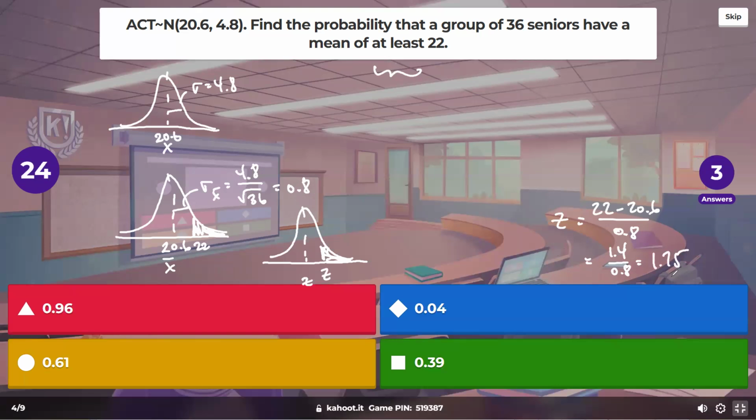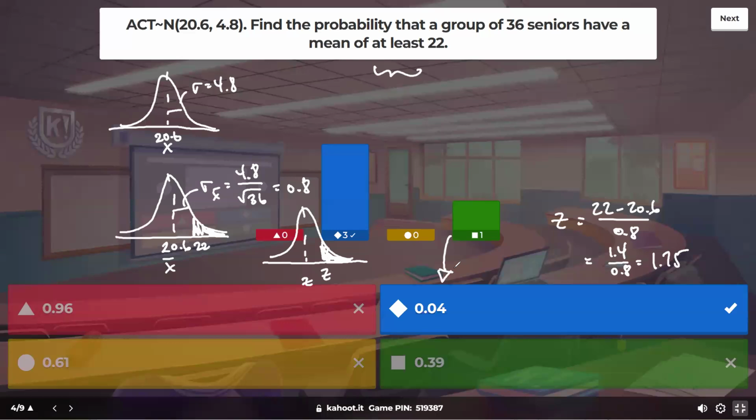Right, so we want to know the area to the right of a z value of 1.75. Yeah, 0.04. Okay, very good.